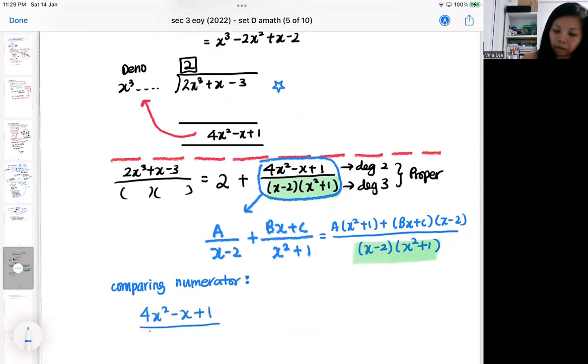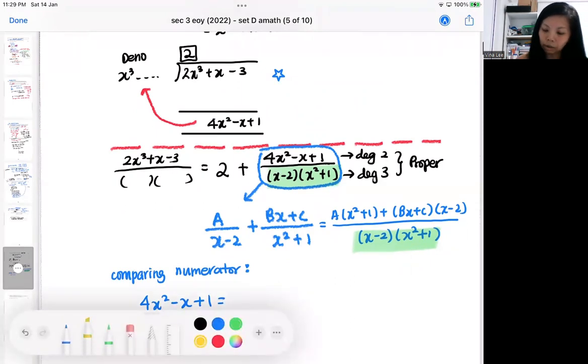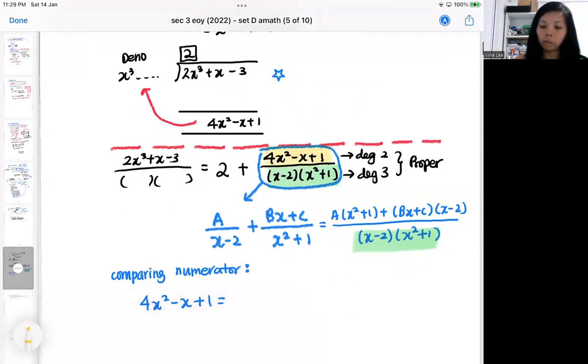There's a lot of technique involved in partial fractions, with a lot of chance of making careless mistakes. Sorry, I should just take the numerator equal to, so I'm doing this comparison of the numerator of the proper fraction and the numerator here.